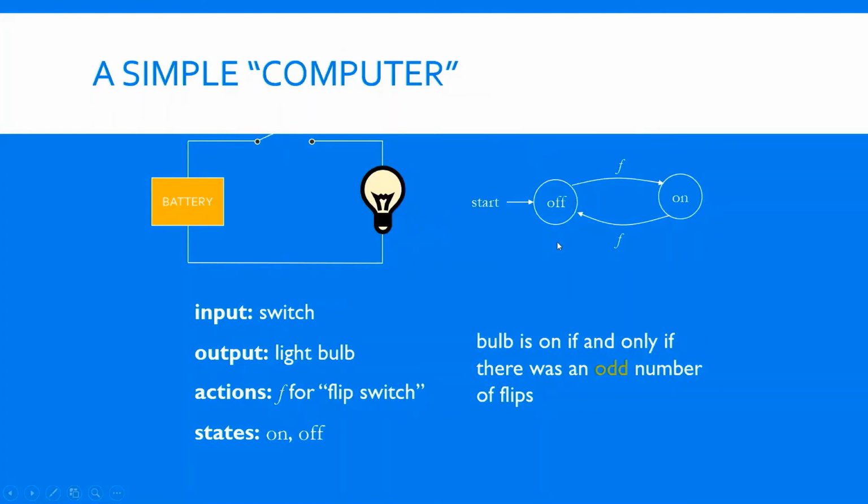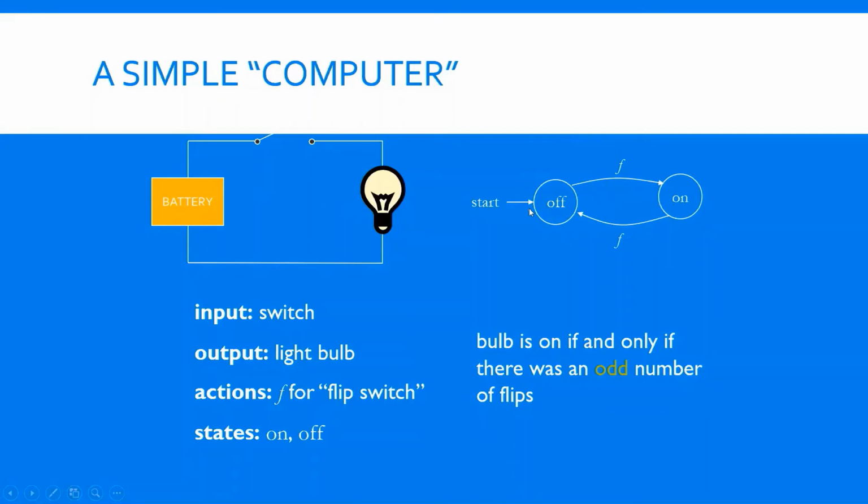Similar question you can ask for when your bulb will be off. Starting, for example, your bulb is in the off state. If you flip that switch, make a connection, then it will go to the on state. So F is one candidate of your language.